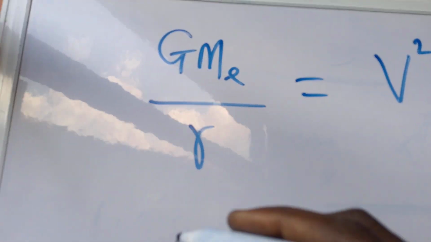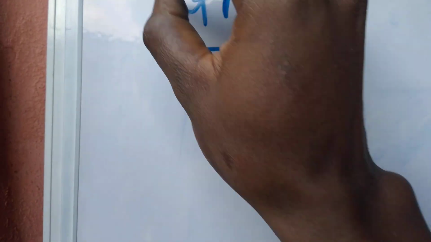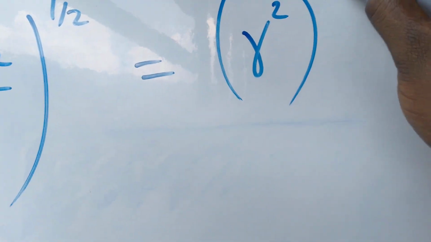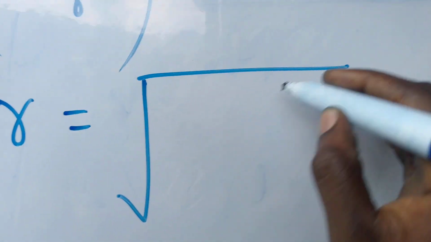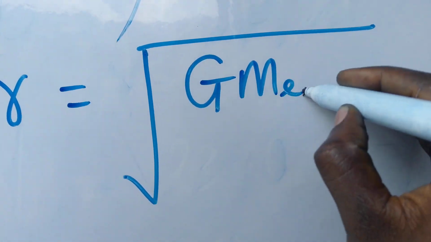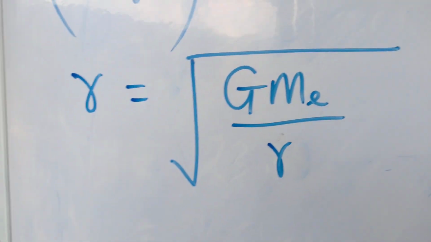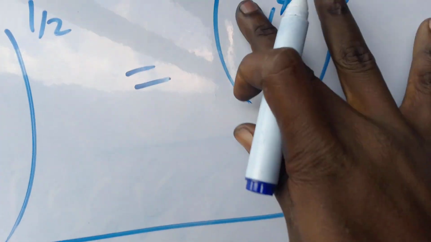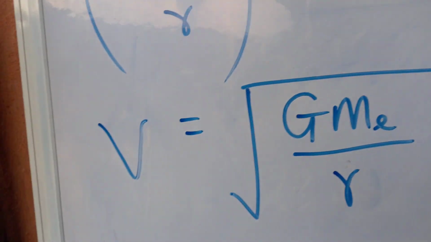If I then take the square root of both sides, I have G ME over R raised to the power of half equals v squared raised to the power of half. This eliminates the square, and the velocity is the square root of G ME over R. So the velocity of the satellite is this.